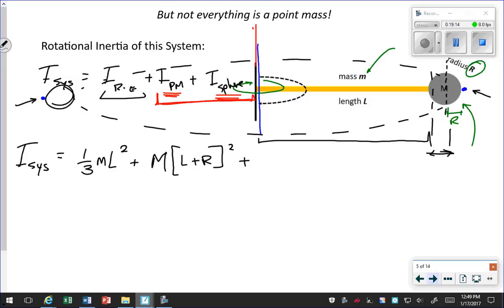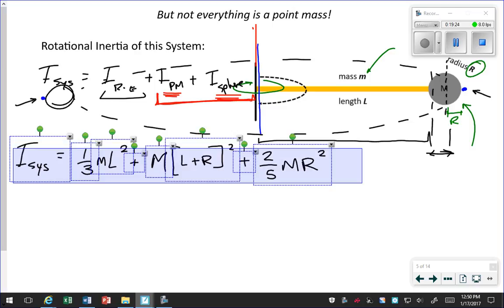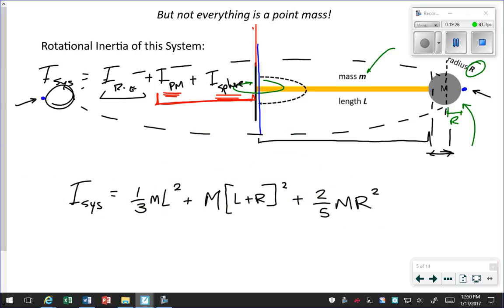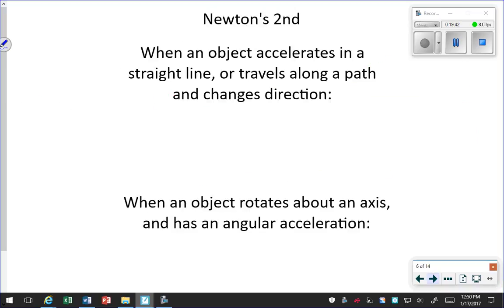So we gotta add 2/5, and the sphere does have a radius capital R. So that's an expression for this entire system's rotational inertia. I get it. This is a tough part, because that sphere has two elements of its rotational inertia. Okay? Yeah, bottom line, big deal.